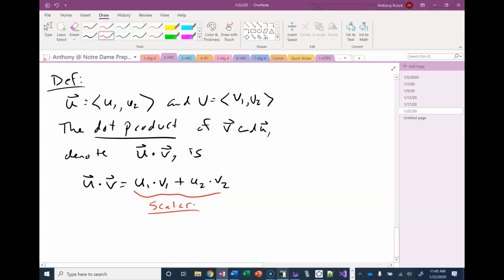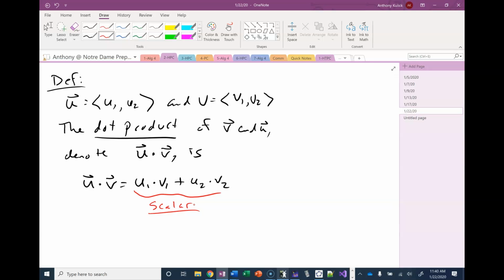This result is a scalar, right? That's just a plain old regular number, not a vector. So this is the first operation that we've seen that takes vectors and turns them into a real number. Everybody's okay with that idea?